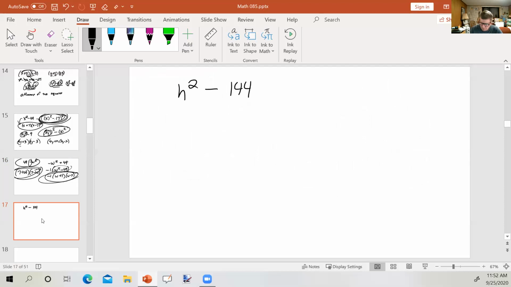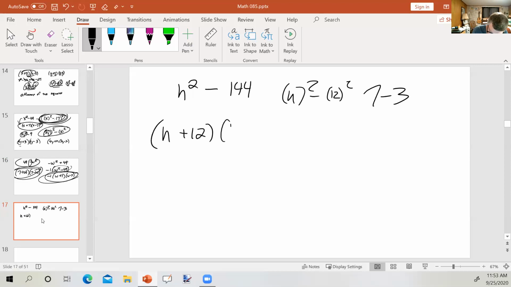Okay. 7 minus 3. That's a difference. Oh, then yes, because you're subtracting. Okay. So it would be what? H squared minus 12 squared. So H plus 12, H minus 12. All right.